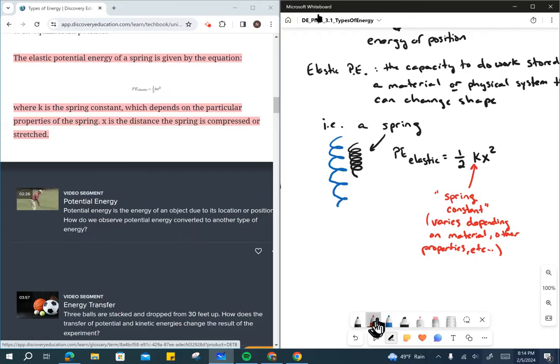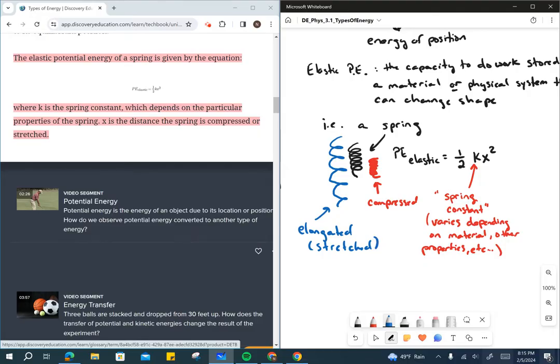So we could say this has been compressed, squished, or you could say that it has been elongated, or stretched out, right?